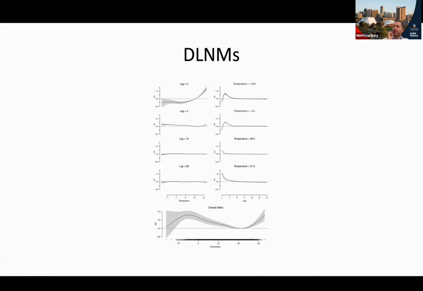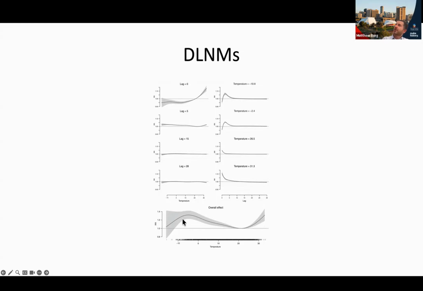One common technique is to set, for example, that we want to see the effect of temperature. We don't want to know just what the effect is at one particular lag day. We want to look at all the lag days together in one estimate. You can then combine the relationship into one: a cumulative exposure-response relationship, and that is the bottom figure.